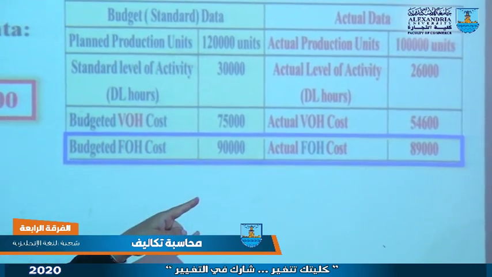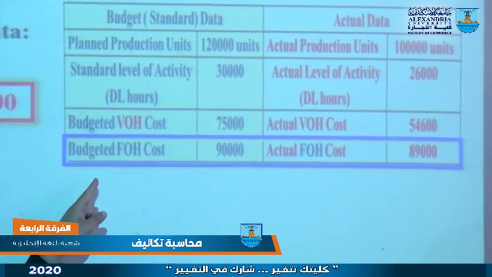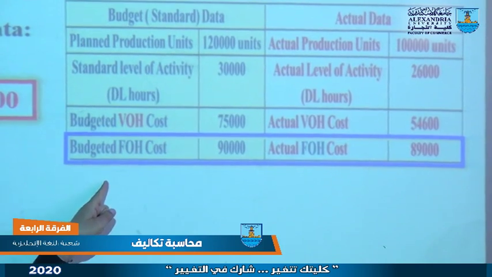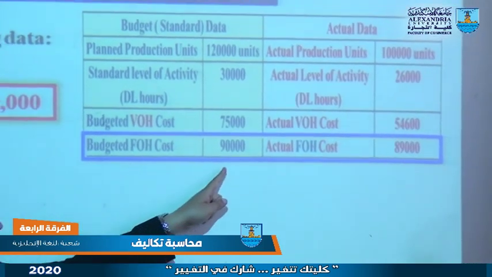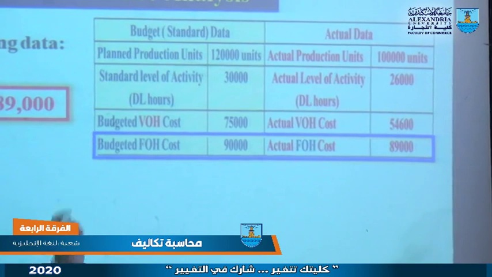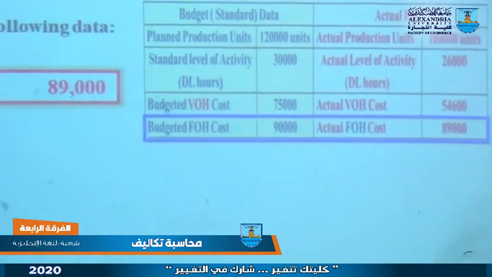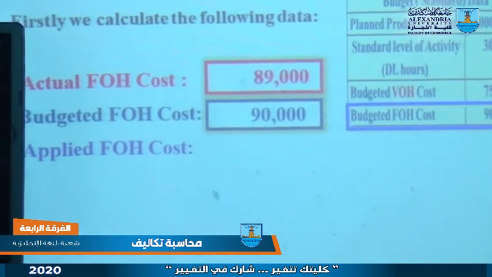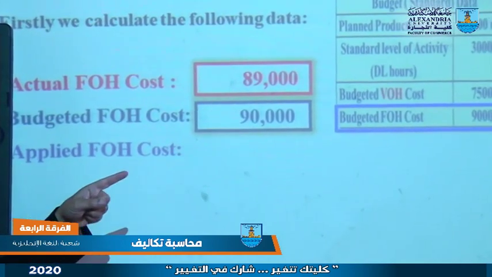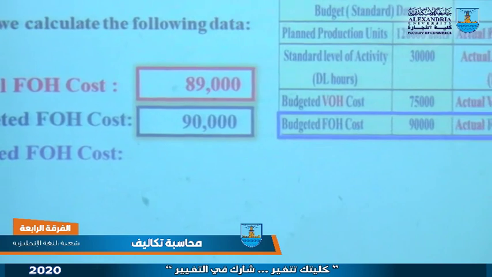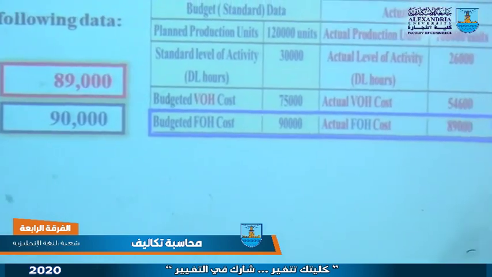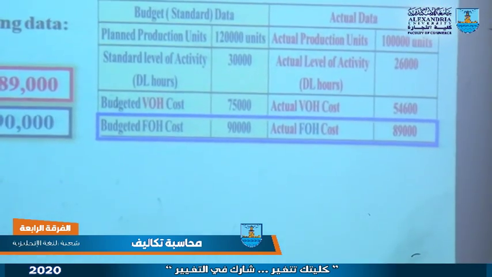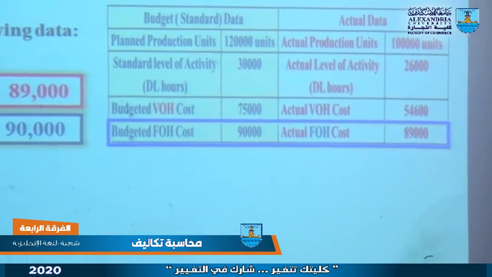This amount is actual, and this amount here is budgeted, for the budget. 90, yes, 90,000 here. Okay, again, from actual data, I choose actual fixed overhead. From budgeted data, I use budgeted fixed overhead.